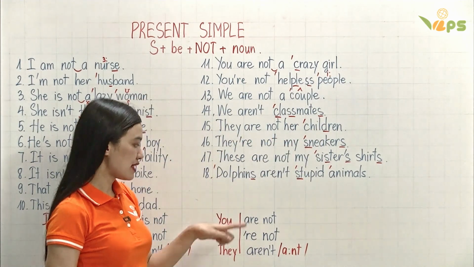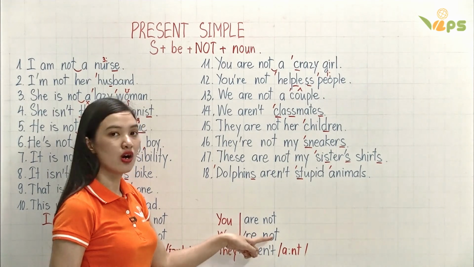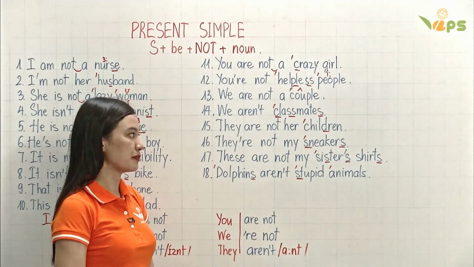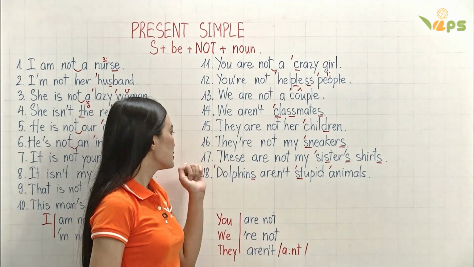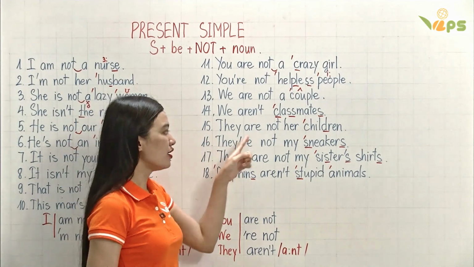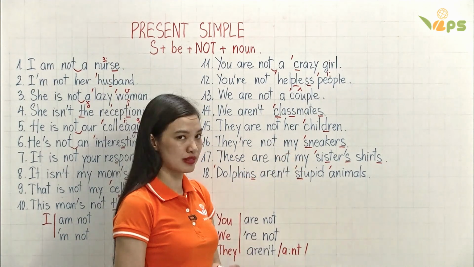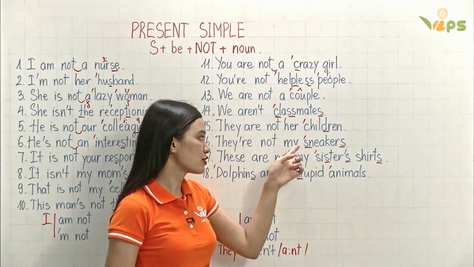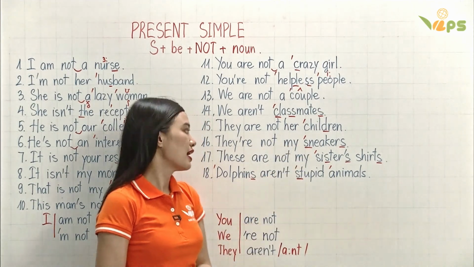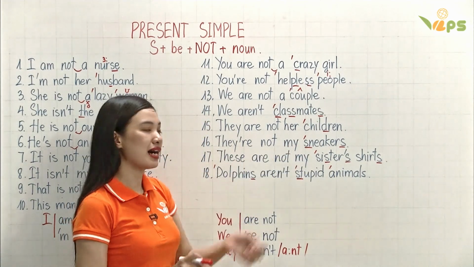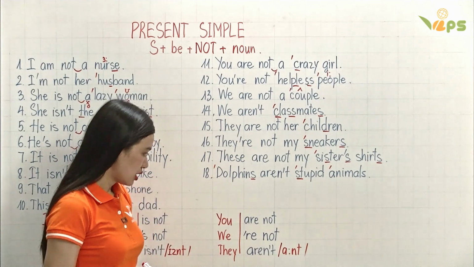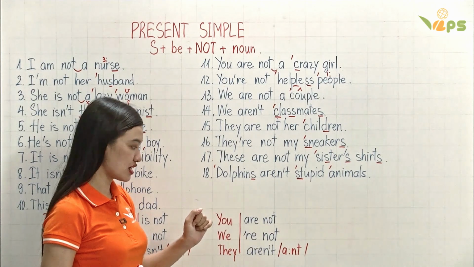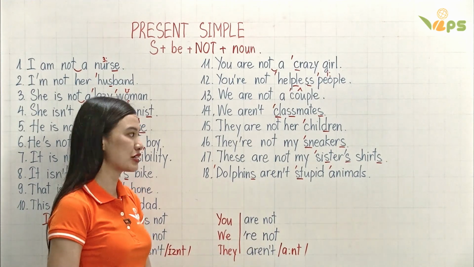Or I can say they are not her children, or they aren't her children. 16. They are not my sneakers. Sneakers, plural form. So my sneakers. They are not my sneakers. Or I can say they are not my sneakers, or they aren't my sneakers.